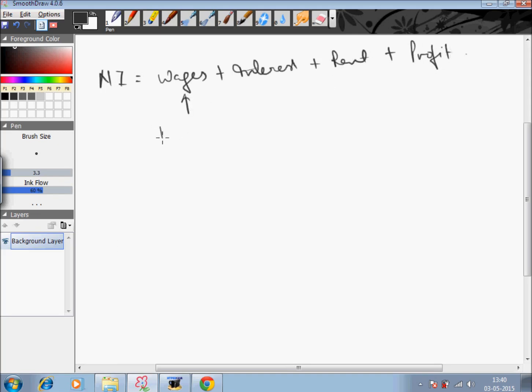Wages accrue to labor, interest accrues to capital, rent accrues to land, and profit accrues to the entrepreneur. So this is how we calculate national income.